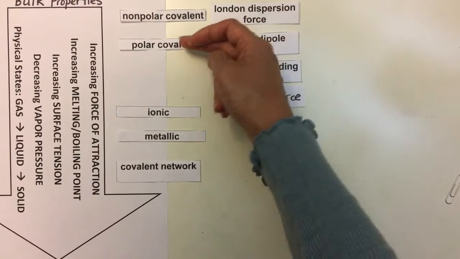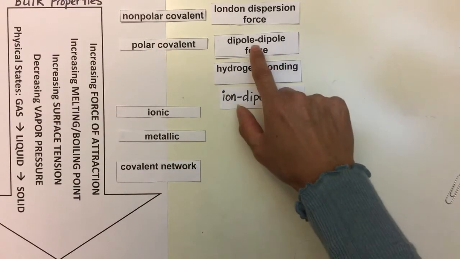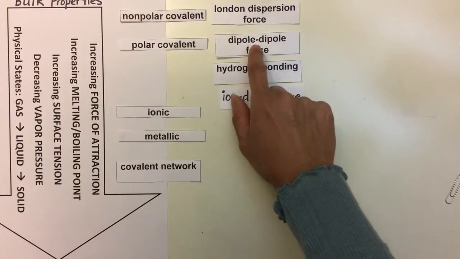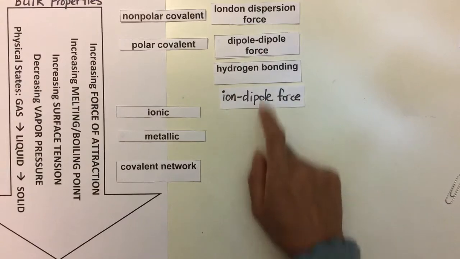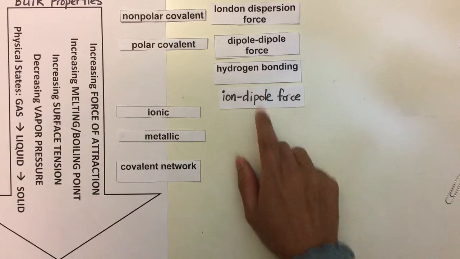Then come substances that have charge in their structure, polar molecules. And polar molecules will have stronger dipoles, and so we call those dipole-dipole forces. They're permanent dipoles. And of course, a stronger type of dipole-dipole force is where hydrogen is bonded to a very electronegative element like F, fluorine, oxygen, or nitrogen.